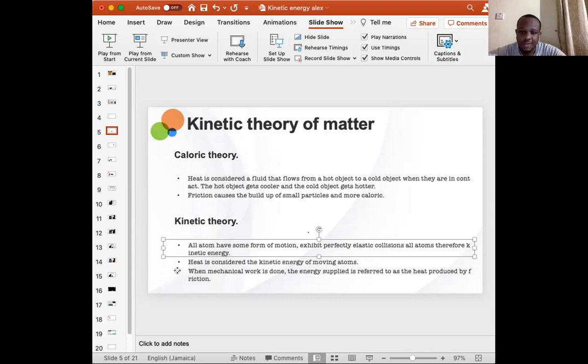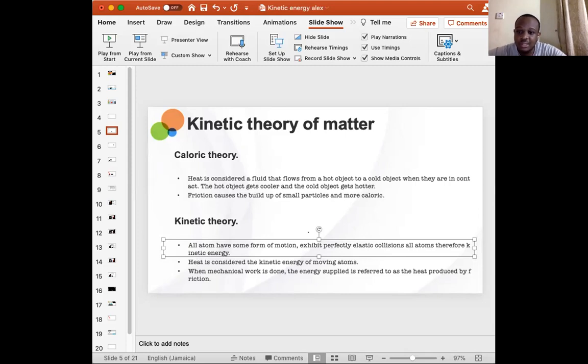All right, and the final thing here is that when mechanical work is done, the energy supplied is referred to as heat produced by friction. So we know that whenever we are moving an object, say we're pushing a box, that's mechanical work.